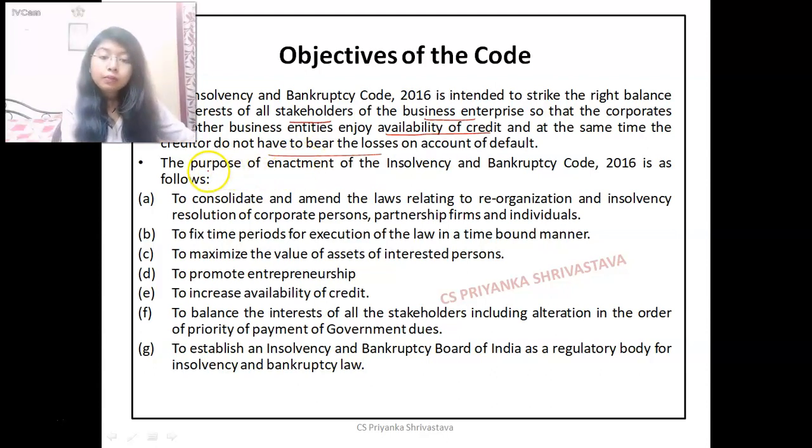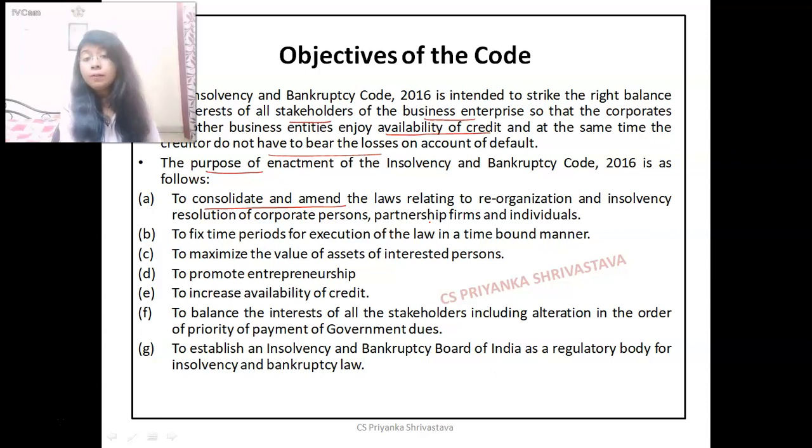Now the purpose of this IBC is as follows. First, it consolidates and amends the various laws related to reorganization and insolvency resolution of corporate persons, partnership firms and individuals. This code is a single, comprehensive code, a single window, which provides all the rules for the recovery of debt and insolvency of all people, that is corporate persons, partnership firms and individuals.